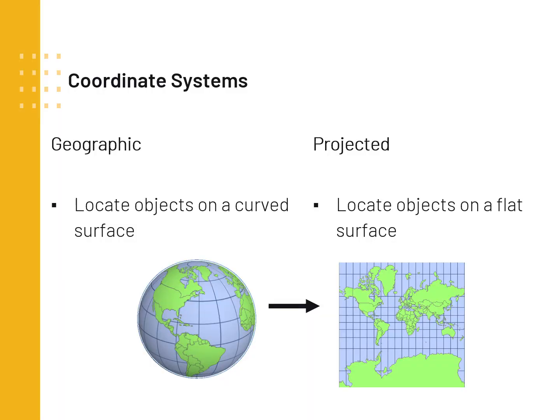Geographic is locating objects on a curved surface. Their units are going to be in decimal degrees, so it's essentially angular measurements. The second main type is projected coordinate systems, and these are locating objects on flat surfaces like maps.